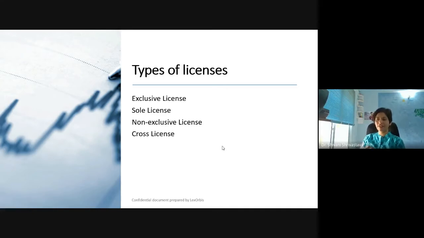If I have given license to 5 companies and one company is not able to perform well, it doesn't matter. I'm not depending only on that one company. There are 4 other companies who are performing well and they will help me to generate the revenue. They will help me to manufacture the product and commercialize it.